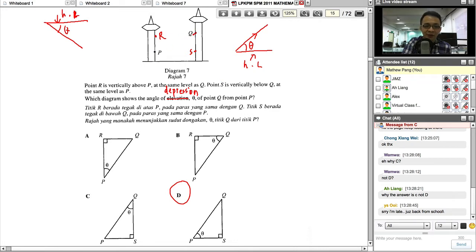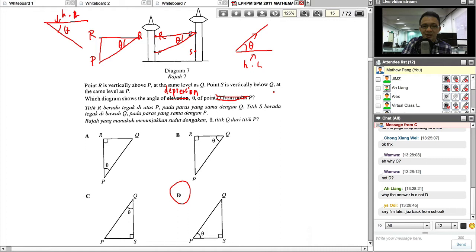So I draw the line first, connecting Q to P. And then I must have a horizontal line. So this one will be my angle. You will see a right triangle like this, and an angle here. And this one will be R, P, and Q. So this one will be the angle of depression of Q from P. Actually it's not.